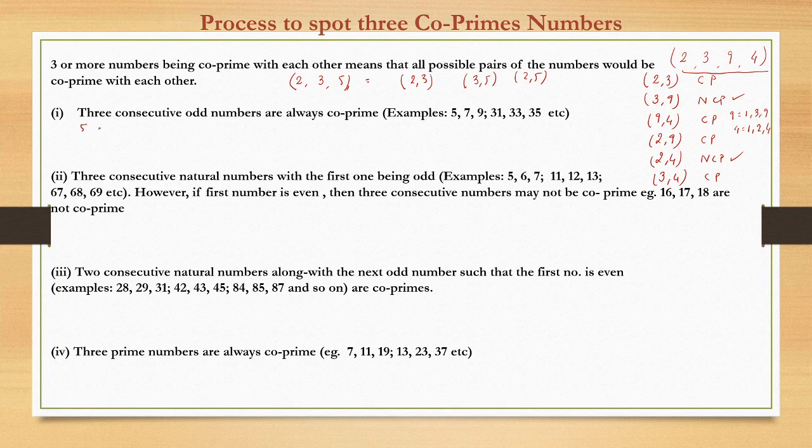If we take 5, 7, 9, it is going to be compulsorily co-prime, because there are three pairs, 5 comma 7, 7 comma 9, and 5 comma 9, and all are co-prime. So since all the pairs are co-prime, therefore 5, 7, 9 as a triplet is co-prime.